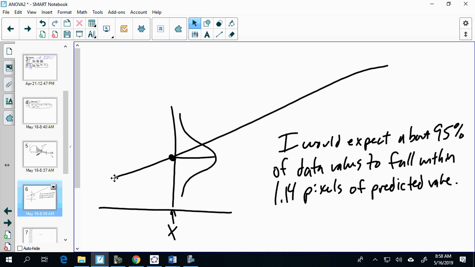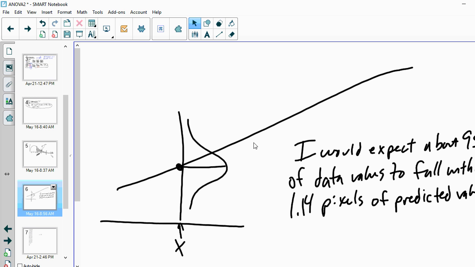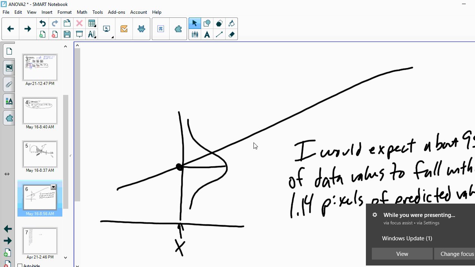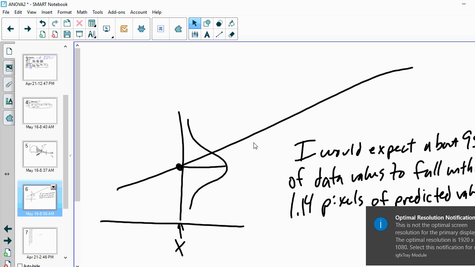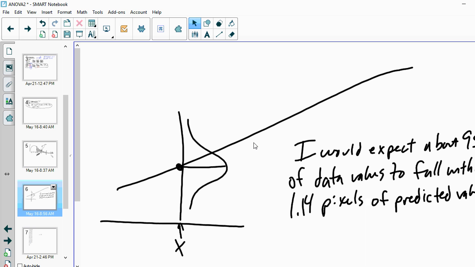I'll make this a little more practical for you. This was the linear regression I did for Aspire scores versus pre-ACT scores, remember? My estimated standard deviation of error is about 2.67. What does that mean? I'm going to expect about 95% of the pre-ACT scores to fall within double that, almost 5.4 points, one direction or the other.